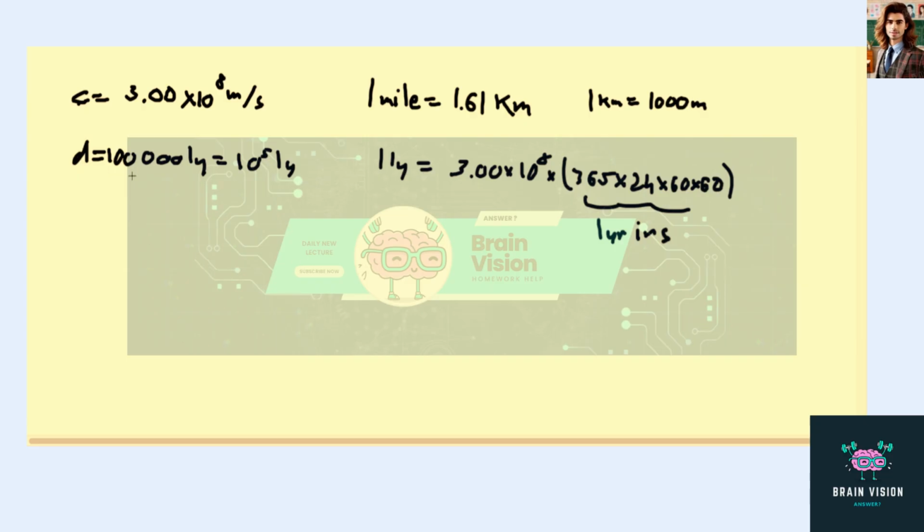Now, knowing that this is what 1 light year is, and knowing that the diameter is 10 to the 5 light years, we can just substitute it back in here, and we're going to get 10 to the 5 times 300 times 10 to the 8 times this factor of 1 year in seconds.